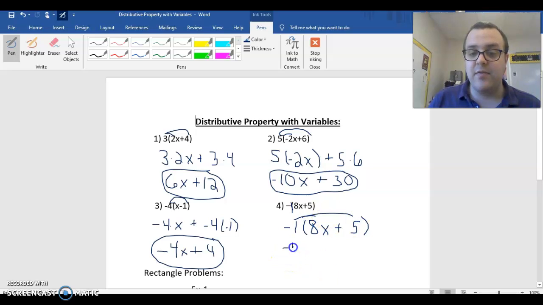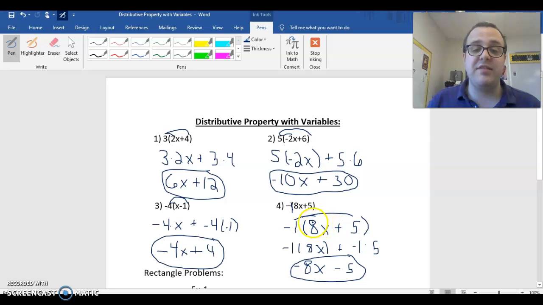I'm going to get negative 1 times 8x plus negative 1 times 5. Negative 1 times 8x is going to be negative 8x. And then negative 1 times 5 will be minus 5. And there is my simplified expression using distributive property.